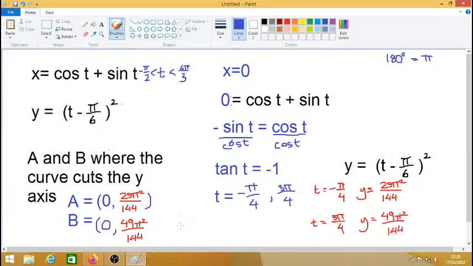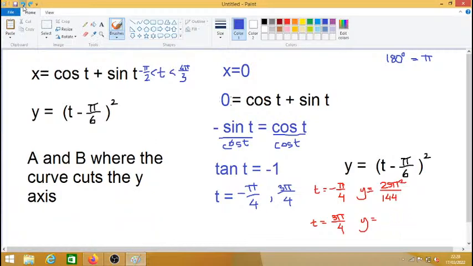Let's just do a quick replay to make sure that you understand the basics. So we started with two parametric equations. We're trying to figure out where the curve crosses the y-axis. So crossing the y-axis, the first thing you have to realize is the x-coordinate is always 0 on the y-axis.